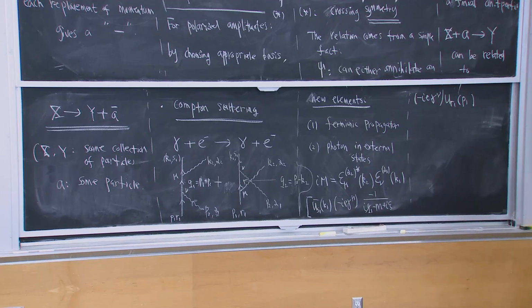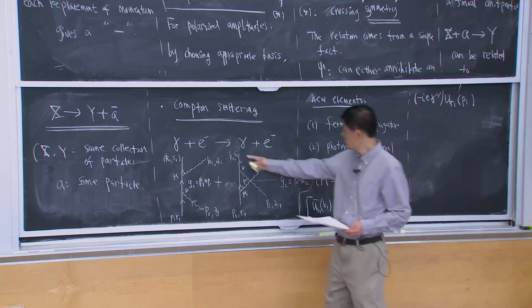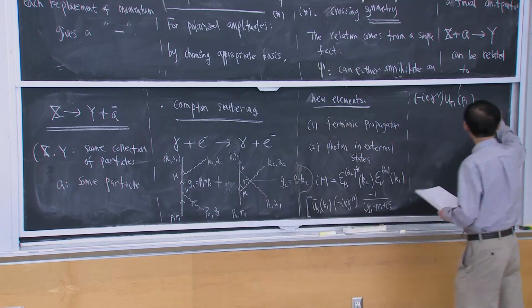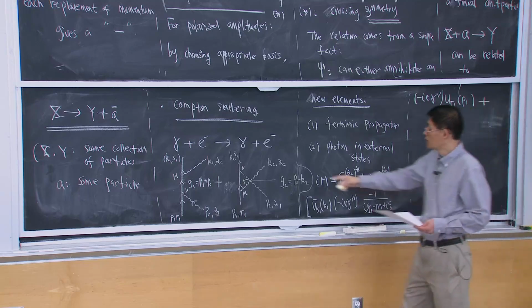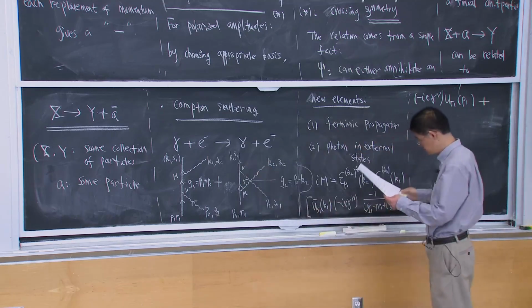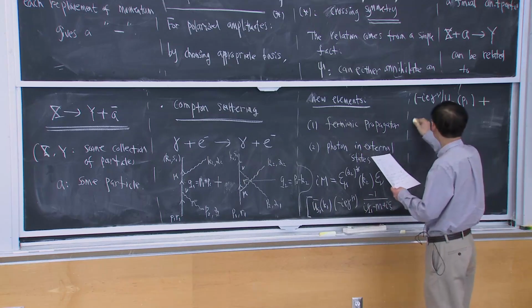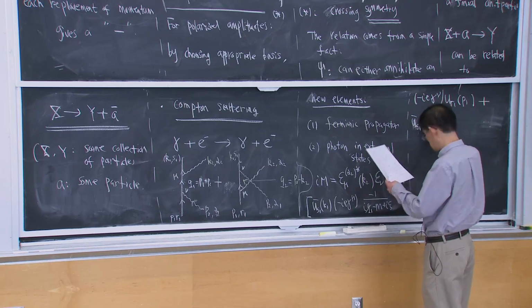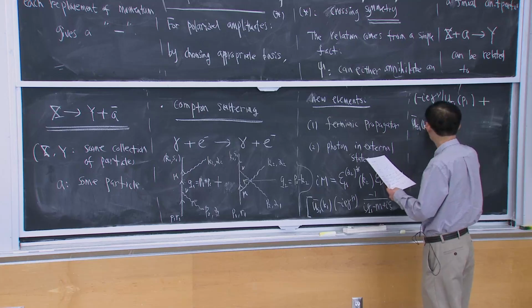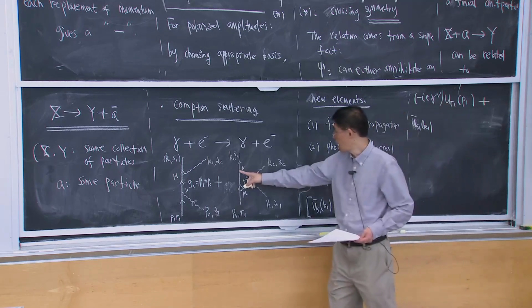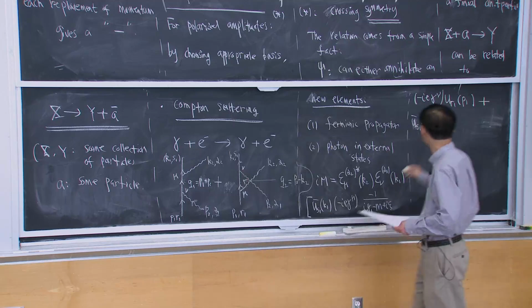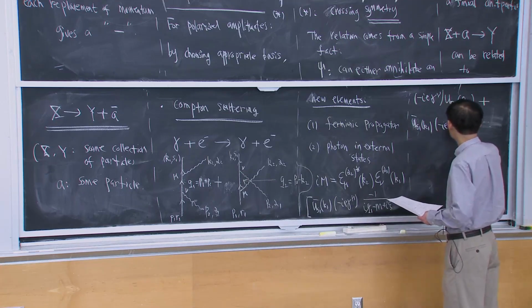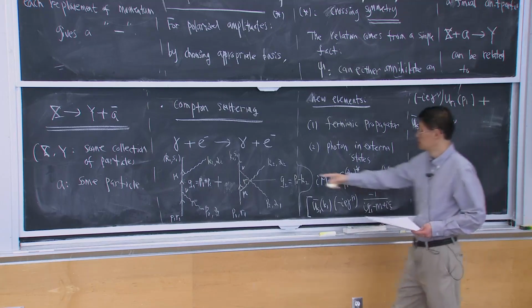And now for this diagram, we do the same thing, and then plus. The final state again is the same, U S1 bar K1. But now here you have iE gamma nu, so the order changed.